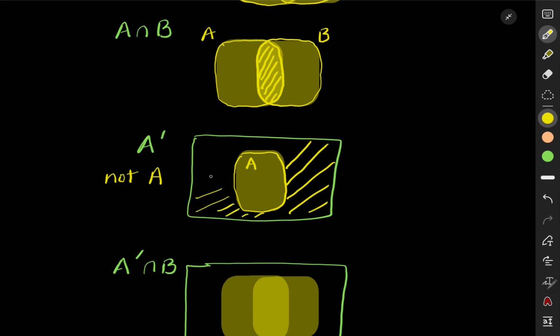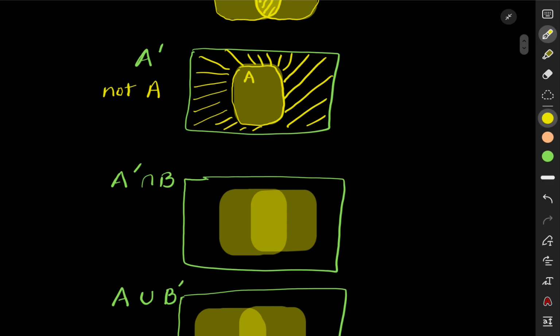That is, we do not shade the inside of the circle. We only shade the outside of the circle. So this is the A complement.